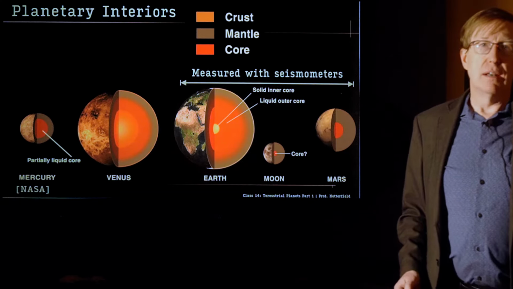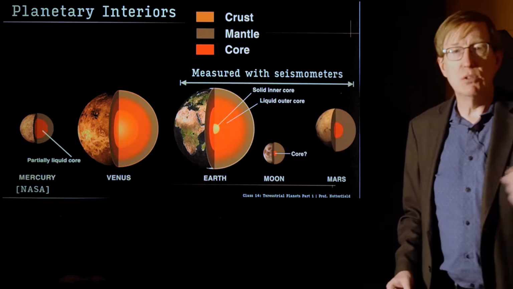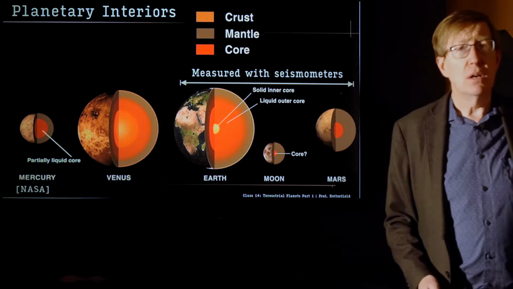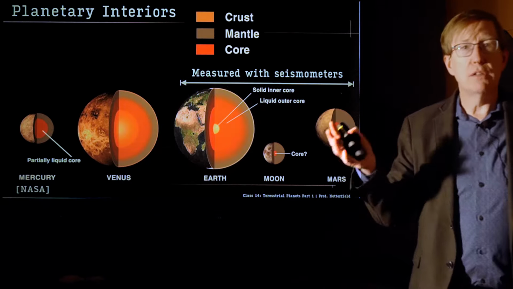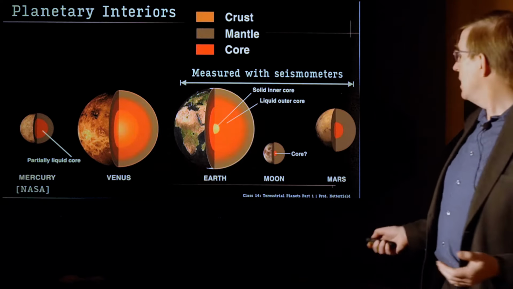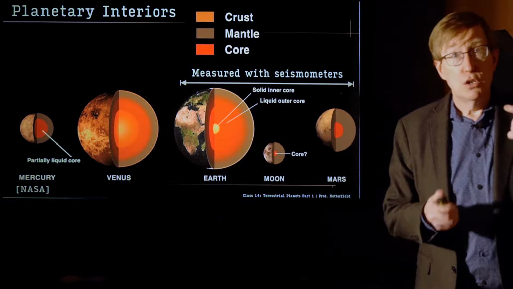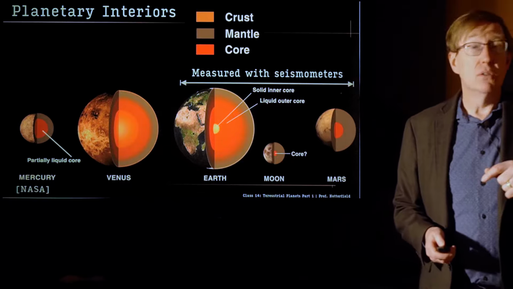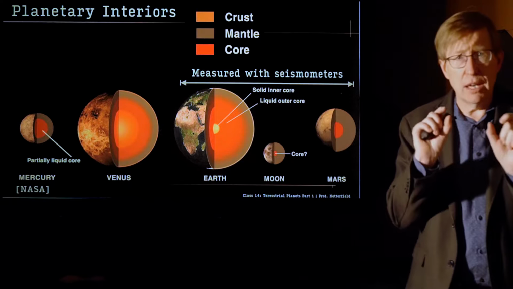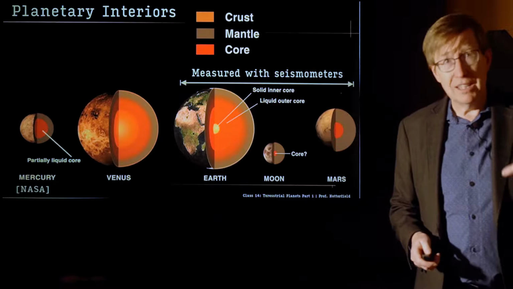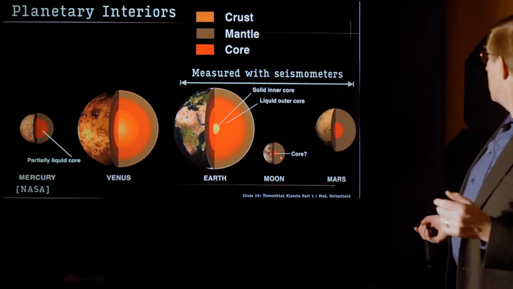They'll take the booster stage and crash it onto the Moon. That makes a thump, and then they measure what's going on with the seismometers from all of the spacecraft that have landed on the Moon, and they've been able to put together a picture of the Moon. There appears to be a solid core, not a liquid core. So you've got that ring shadow, but not the full shadow. It's a solid core, and it's fairly small on the Moon.